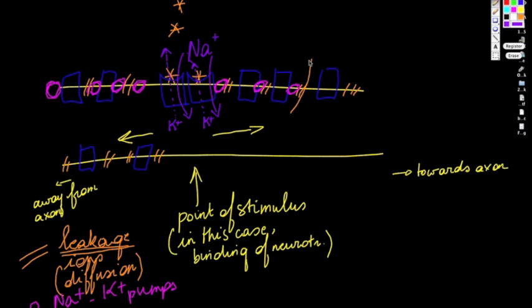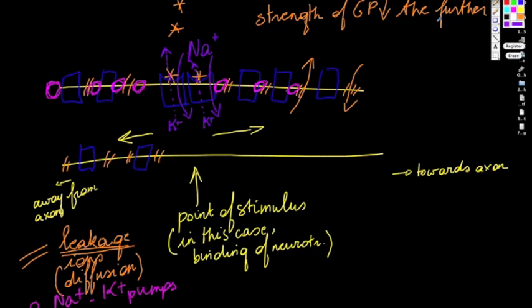So we see that ions leak through the ion channels depending on their concentration gradients. And because of these leakage channels, we find that the strength of our graded potential diminishes as we move away from the point of stimulus. So the further away we are, the strength of the graded potential decreases the further away from the point of stimulus or point of origin.